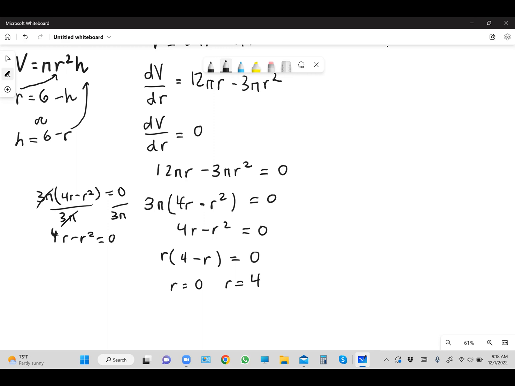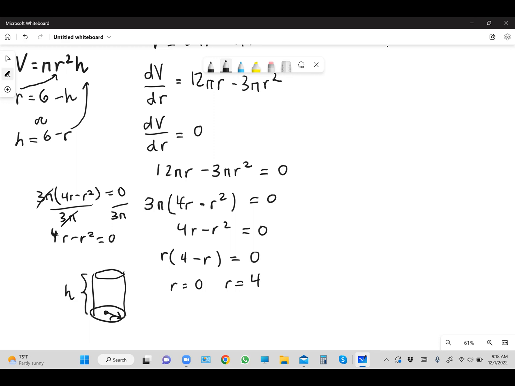So, how come r is 0 and r is 4? Okay, so that's something I have to talk about right now. We've got to find out which is the max and which is the min. Now, from a physical standpoint, when r is 0, there's no cylinder. So remember, this is a cylinder, and you have your radius here and you have your height here.